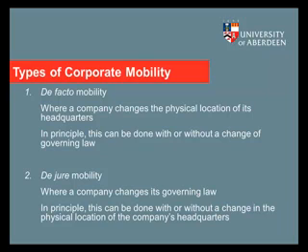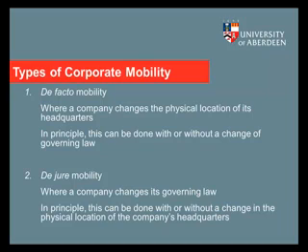On the other hand, you can have simply de jure mobility, which is simply a change in the governing law. There isn't necessarily any actual physical movement, but a company will change its nationality, its domicile, and become governed by another national law. Now, in principle, this can happen with or without a change in the physical location of the company's headquarters.